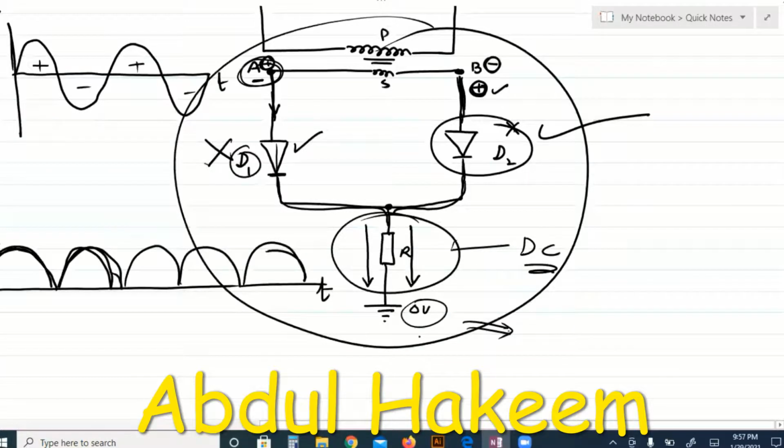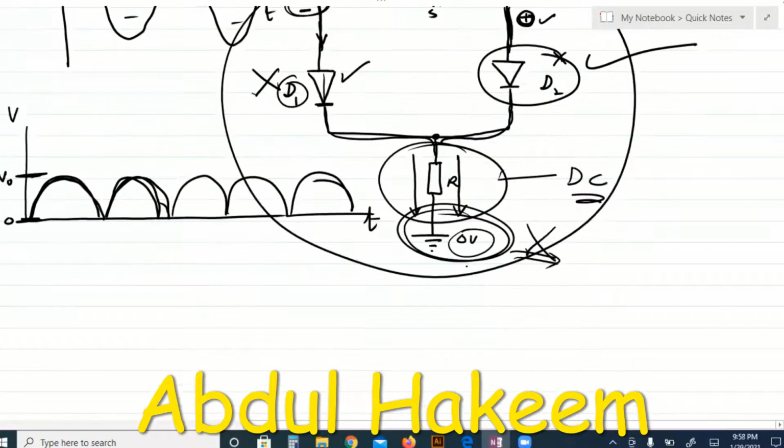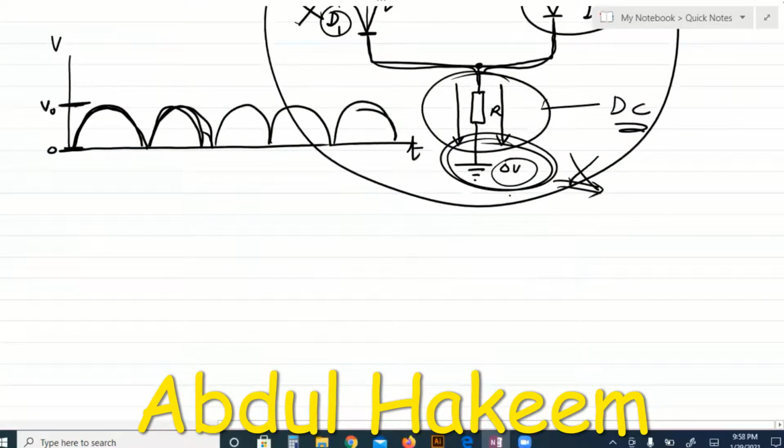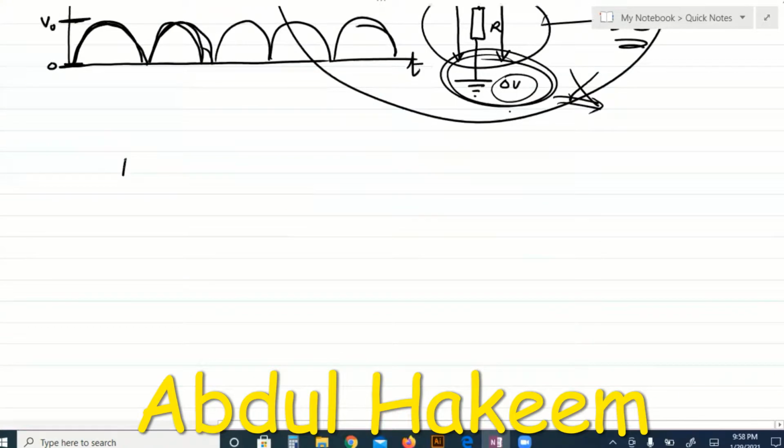So for the rectification, this terminal is the earth terminal, so it's not practical. So we will change the circuit, and instead of this rectifier, we will use a bridge rectifier.